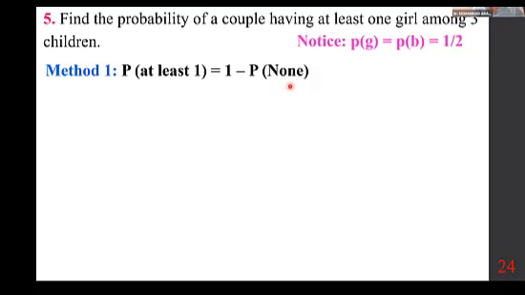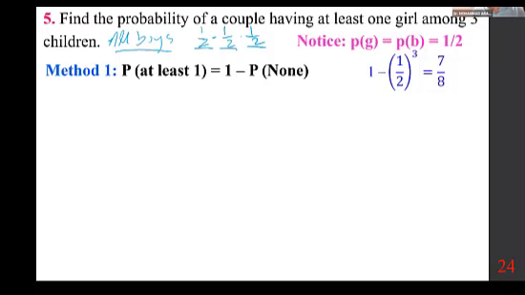Since there are 3 children, there are 3 spots to fill up: 1/2, 1/2, 1/2. And 1 minus that means 1 minus 1/2 to the third, which is 1 minus 1/8, giving us 7/8.